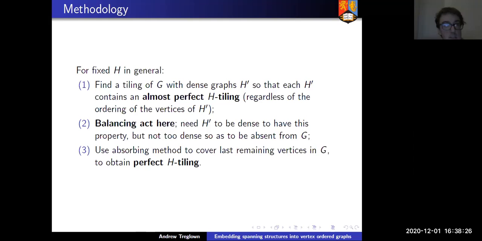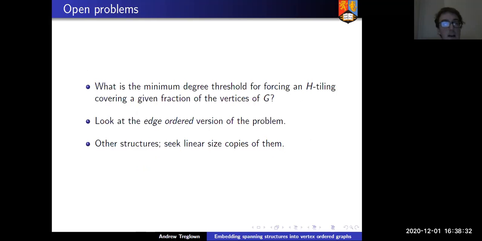Okay, so just to finish off, that was the general framework within the methodology. Now some open questions. Hopefully you can see there are tons of open problems, because no one else has looked at spanning structures in ordered graphs before. Some structures aren't natural as spanning structures in the ordered setting, but there are lots that are.